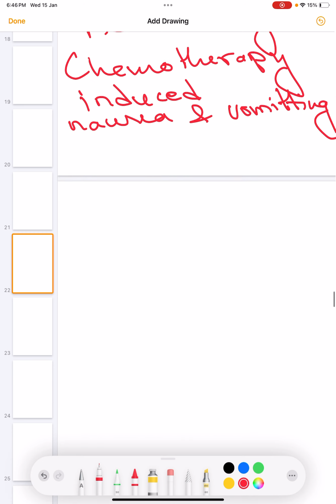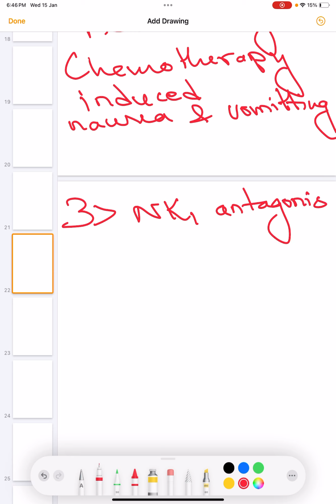Now the third class of drug is NK1 receptor antagonist. NK stands for neurokinin. And these NK1 receptors are found in vomiting center and chemoreceptor trigger zone. So what is the mechanism of action? They block the NK1 receptor in chemoreceptor trigger zone and vomiting center and thus inhibit vomiting.